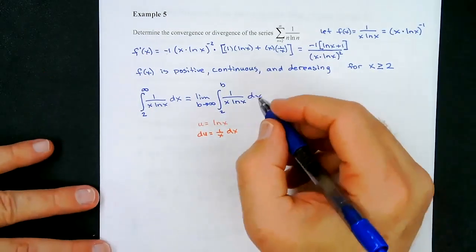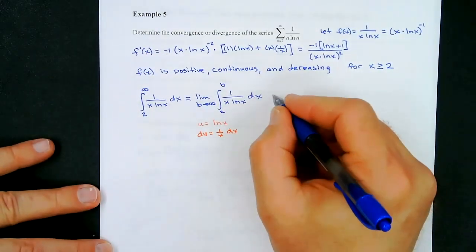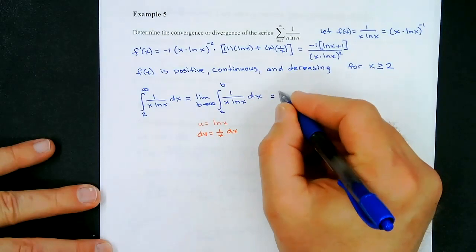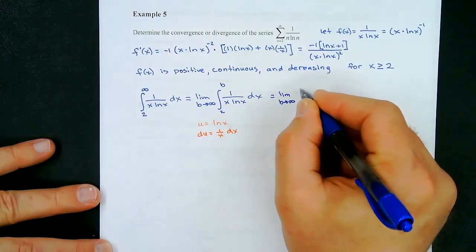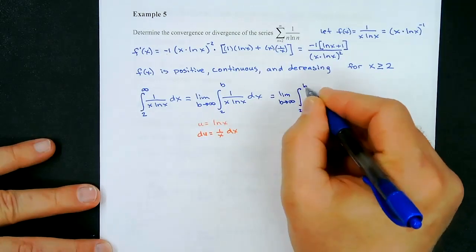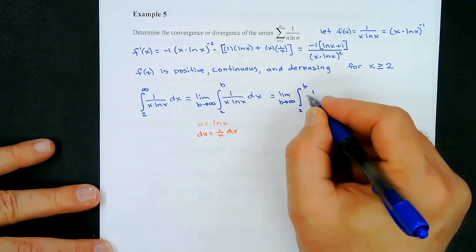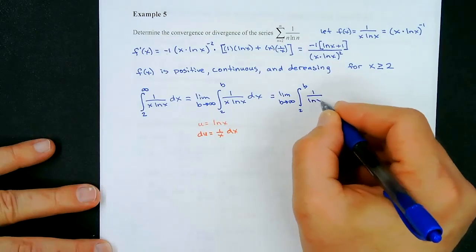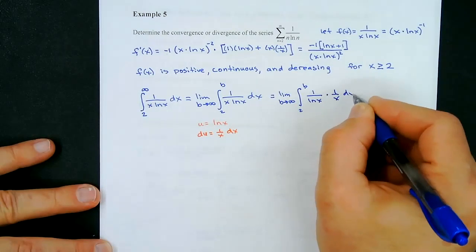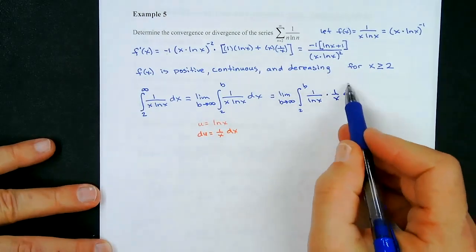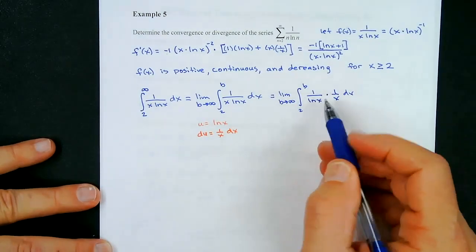You may not recognize this, but this is really equal to the limit as b approaches infinity of the integral from 2 to b of 1 over ln of x times 1 over x times dx. This whole thing becomes my du, and this is my u.